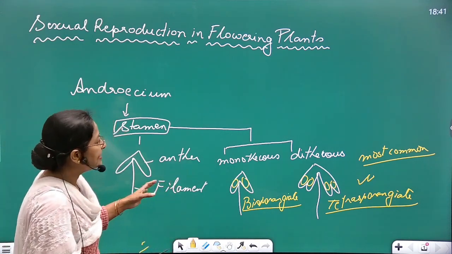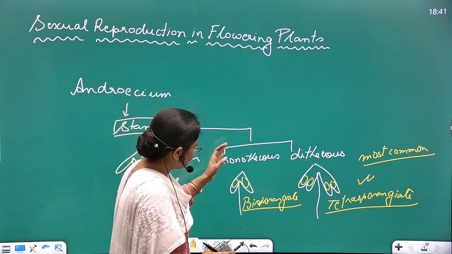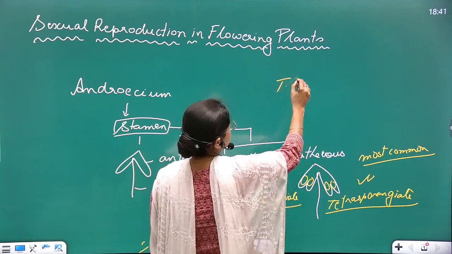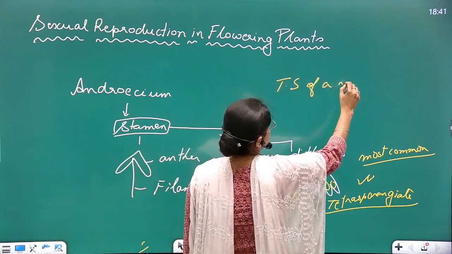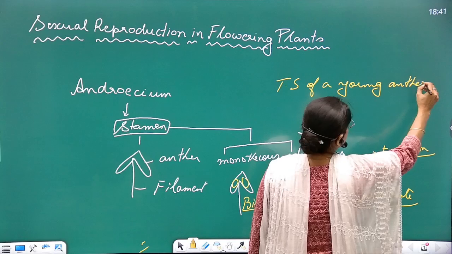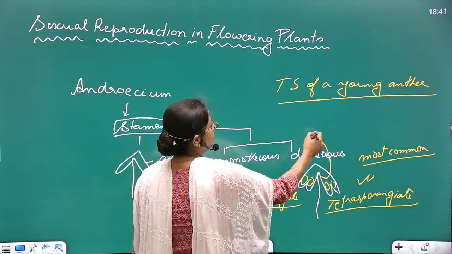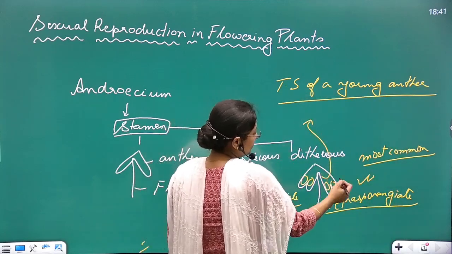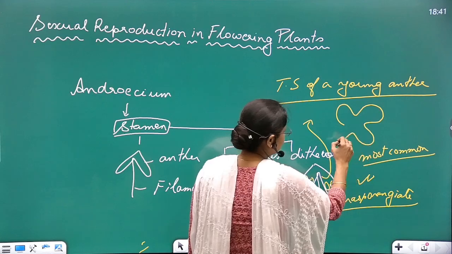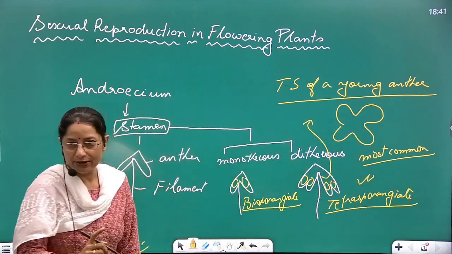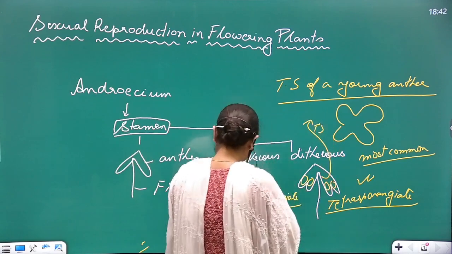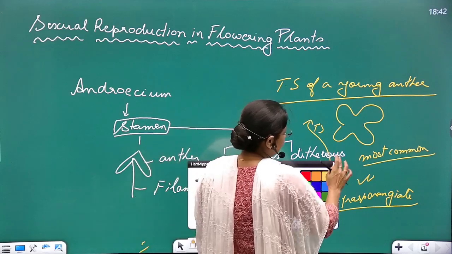Okay. Next, after this, what we have studied: yes, do you remember? Right? When we go for a TS of this bilobed or dithecous anther, we get a curved structure. Right? And when we talk about the TS, what we see? Tissues.